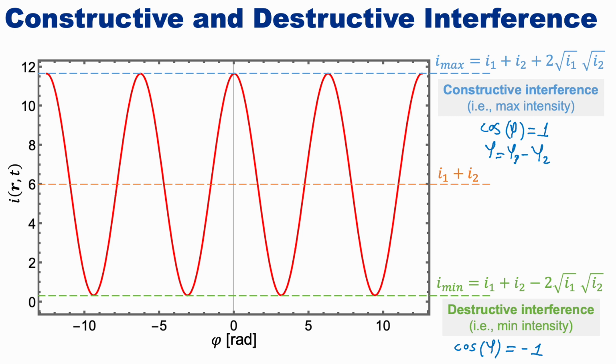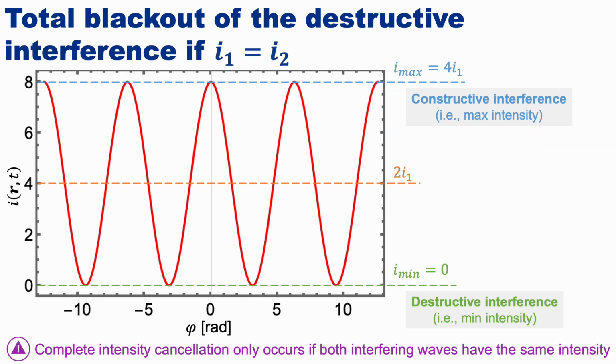Remember that phi is the phase difference between the two interfering waves. The minimum intensity is achieved when the cosine of the phase difference is equal to -1. The total intensity is going to keep changing between the maximum and the minimum. The minimum value is going to be equal to 0, so we're going to have a total intensity cancellation of the two interfering waves when both waves have the same intensity. Otherwise, a total blackout in the destructive interference is not going to be achieved.